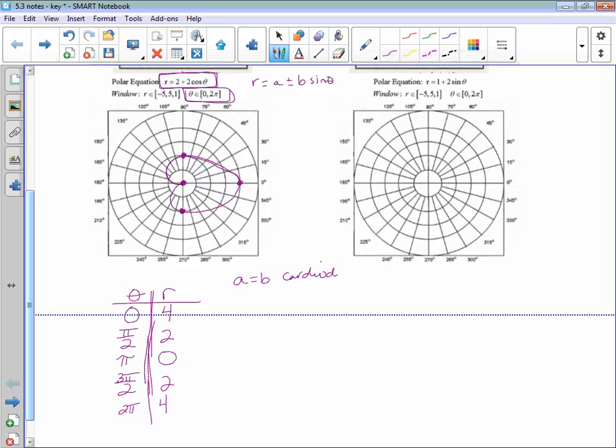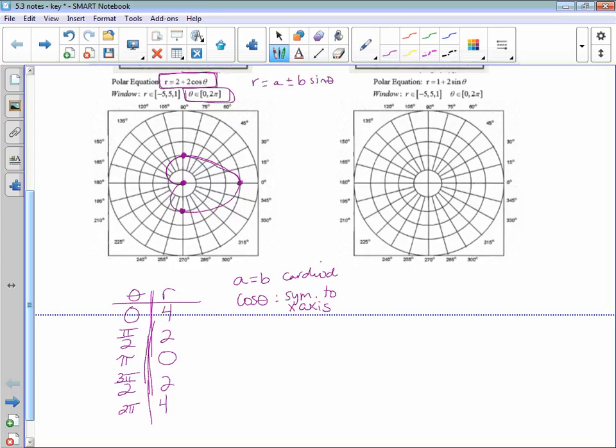Do you guys notice how the heart is mainly on the x-axis? So if you have cosine, it's going to be symmetric to the x-axis. That means it's a cardioid. We're going to have other things like a is greater than b, a is less than b, that sort of stuff. So if a equals b, it's a cardioid.